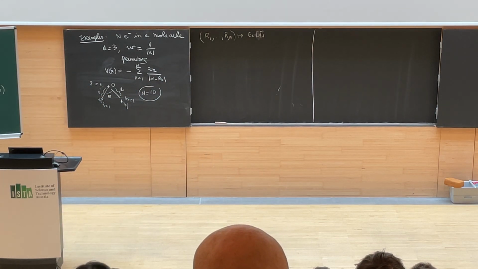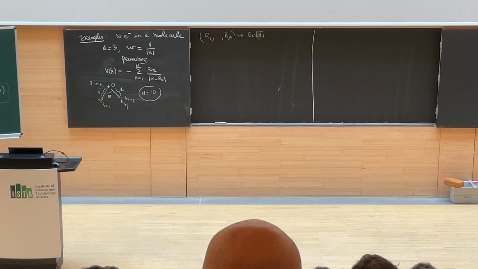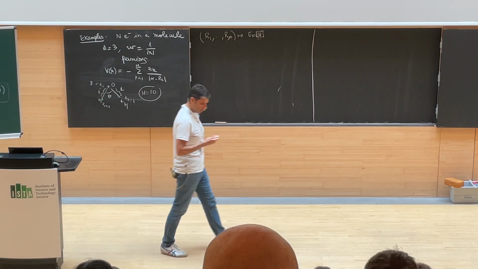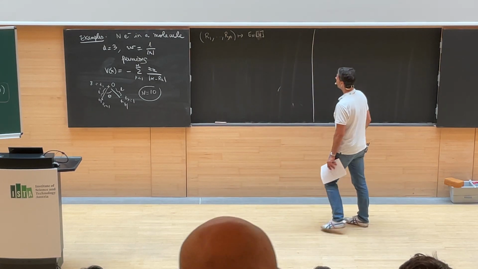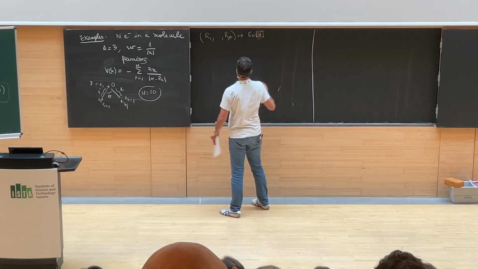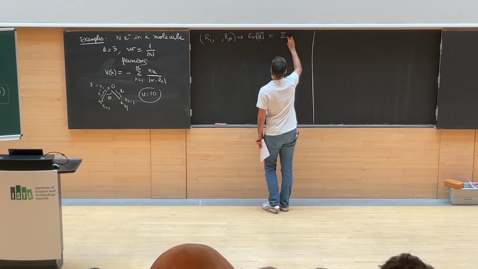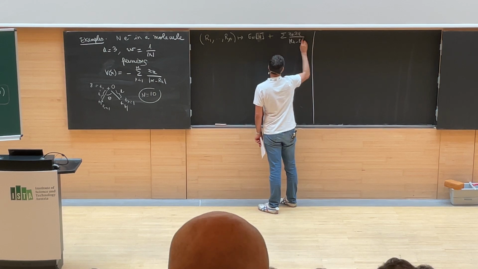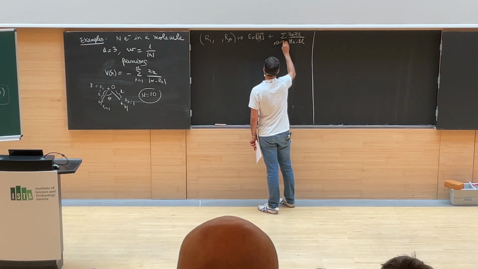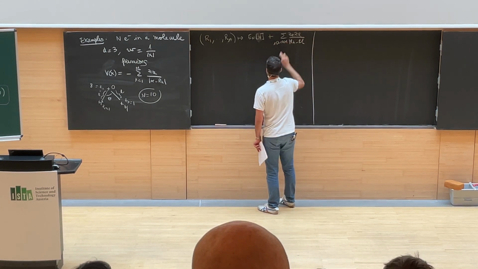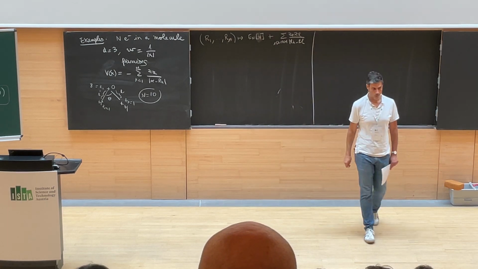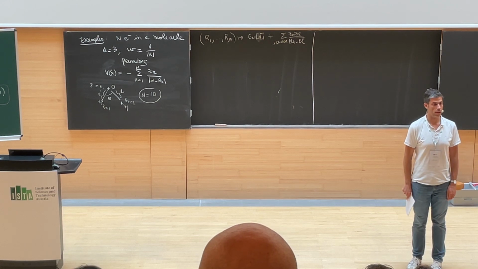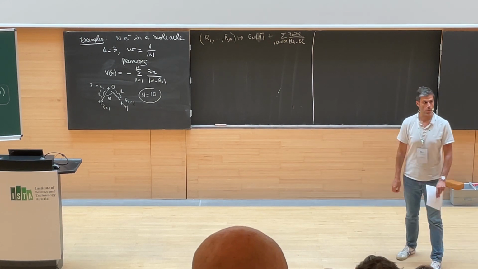So E_N of V is the lowest energy. And in the case of molecules, then you should, of course, add the nuclear repulsion. And you look at this as a function of the R_k, and then you minimize, and you will find the optimal shape of your molecule.